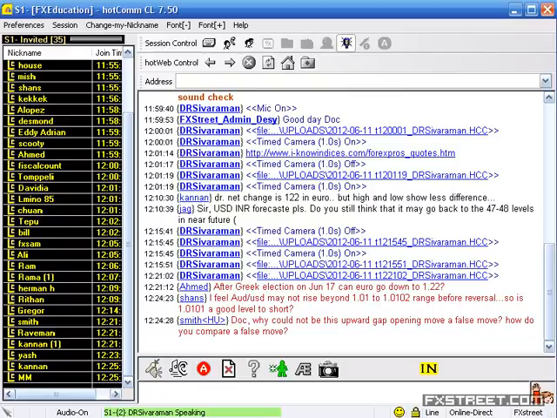Then Shan says, I feel AUD may not rise beyond the 1.01 to 1.02 range before reversal. So 1.0101 is a good level to short. It went up to 1.003 and came down on Friday. Now it has gone to 1.009 and came down.